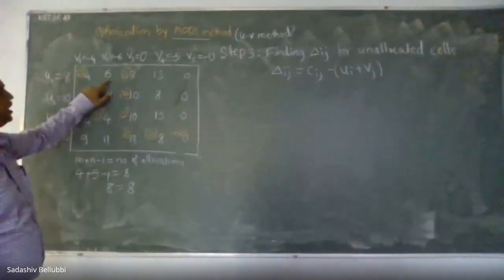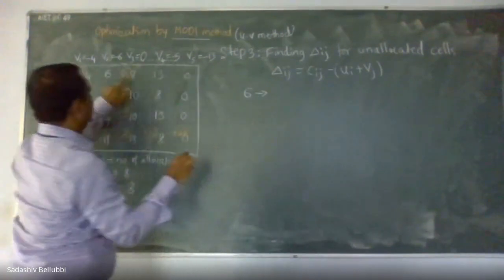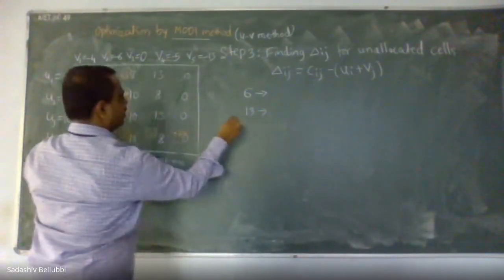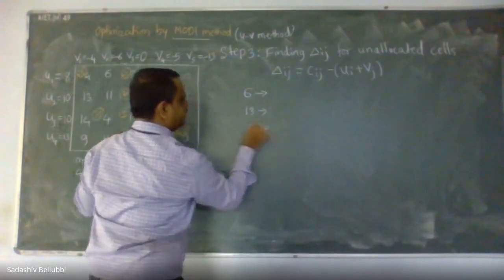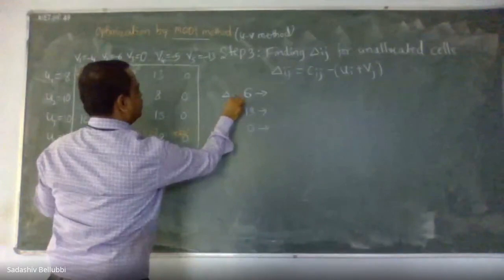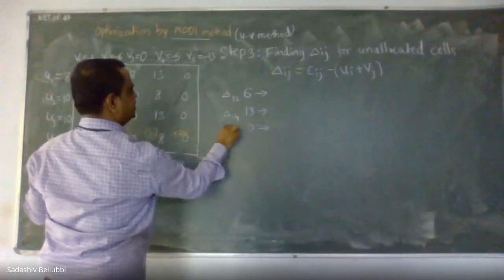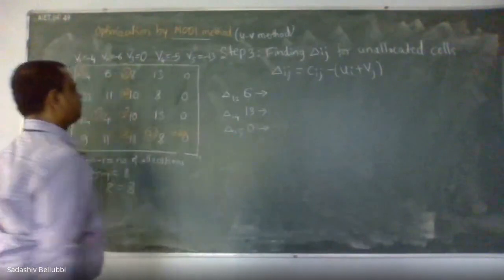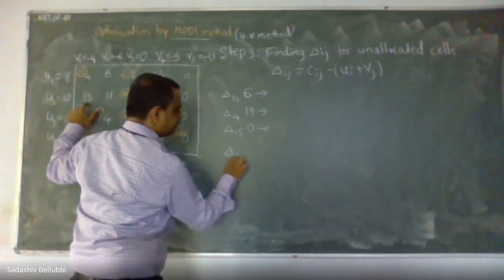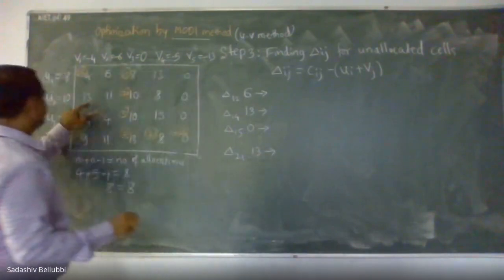What are the unallocated cells? One is 6. Next one is 13. For all the unallocated cells, we need to find this. This is delta 1,2. This is delta 1,4. This is delta 1,5. Next one, delta 2,1, which is 13.